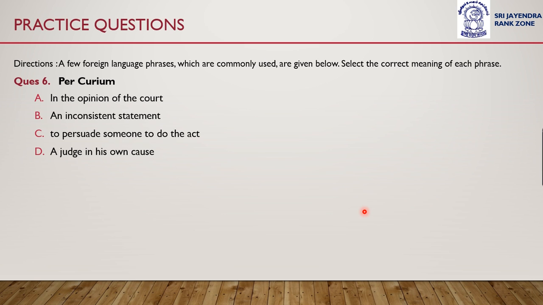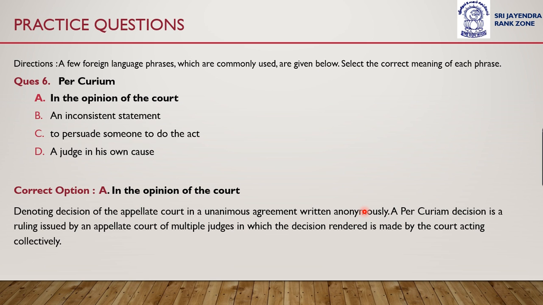Option A, in the opinion of the court. Option B, an inconsistent statement. Option C, to persuade someone to do the act. Or option D, a judge in his own cause. Please mark your answers. So option A is correct, in the opinion of the court, denoting a decision of the appellate court in unanimous agreement, written anonymously.